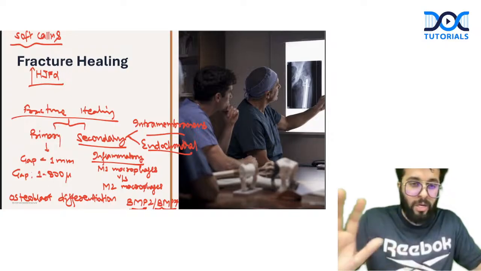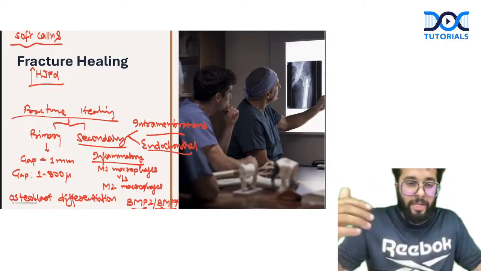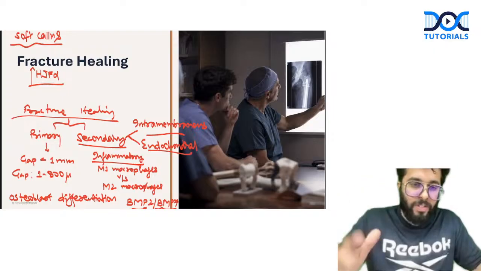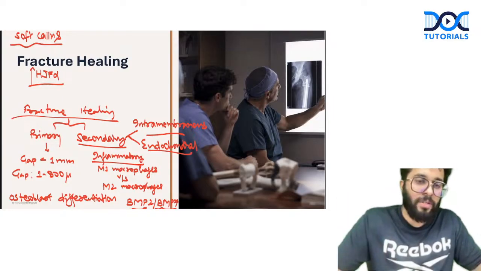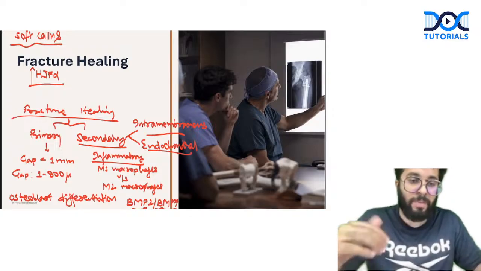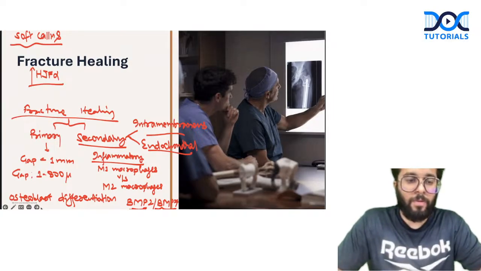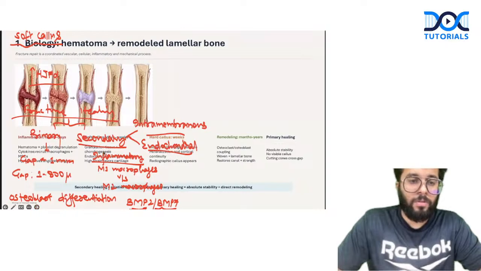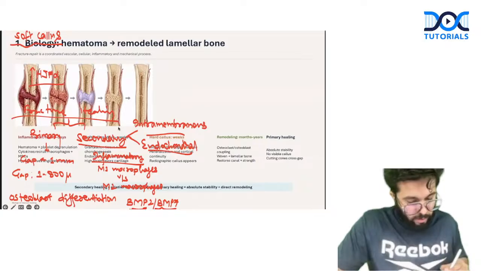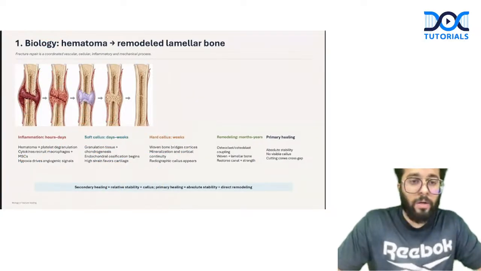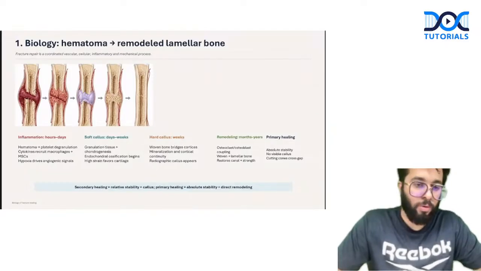I hope you are now well versed with fracture healing, and how you will write your answer when a generalized question on fracture healing comes, or a question on a specific type of healing. Now we have already discussed this part, hematoma, remodeled lamellar bone, right?